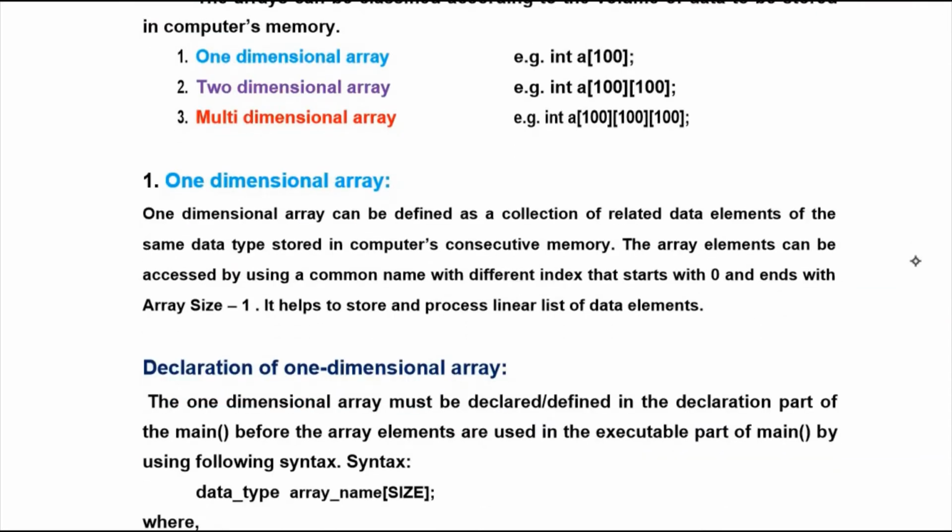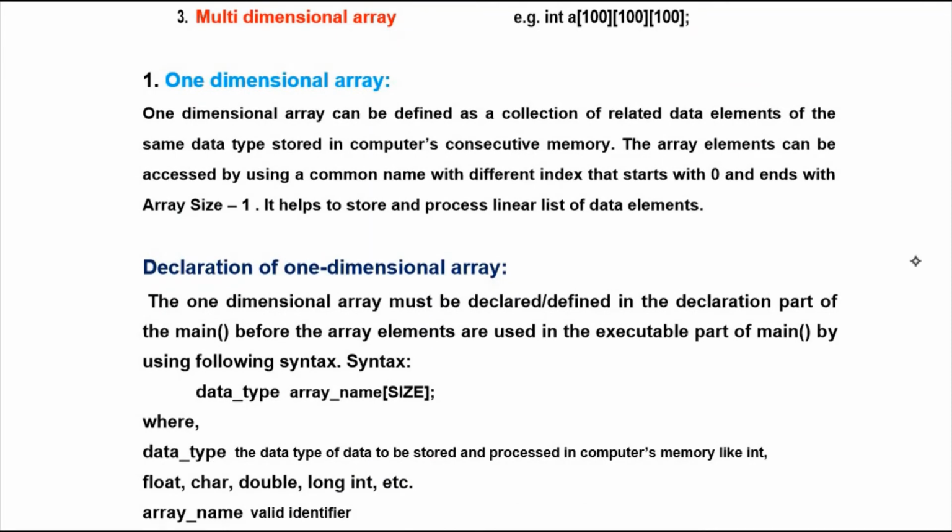Now let's see the one-dimensional array. A one-dimensional array can be defined as a collection of related data elements of the same data type stored in the computer's consecutive memory. As I already told you, an array is nothing but storing the same type of data in continuous memory locations.